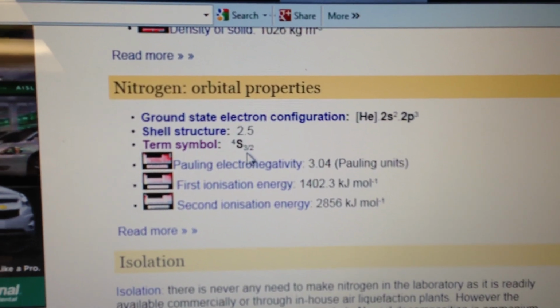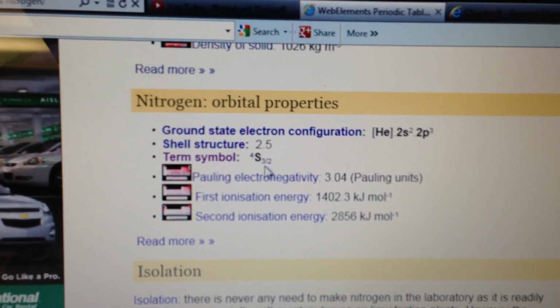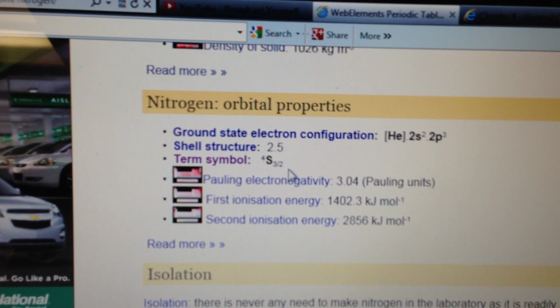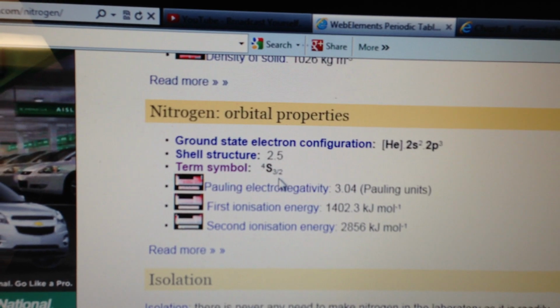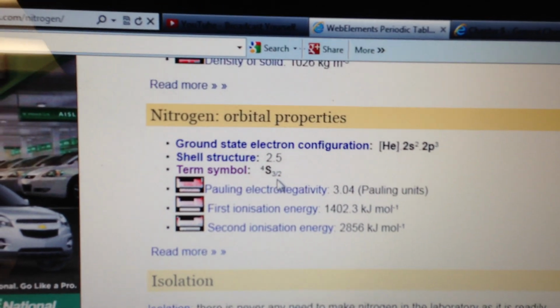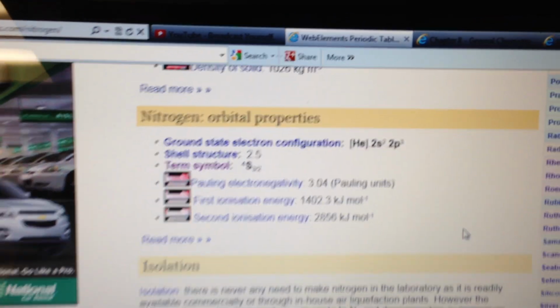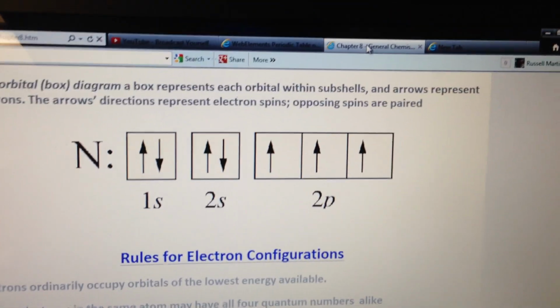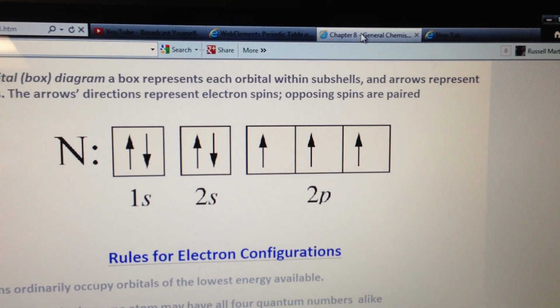And they go by halves, so every electron would equal 1/2. And that has to do with the orbits that they fill. So this one here for nitrogen is 3/2. This is a better view.